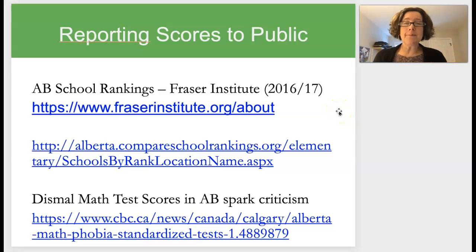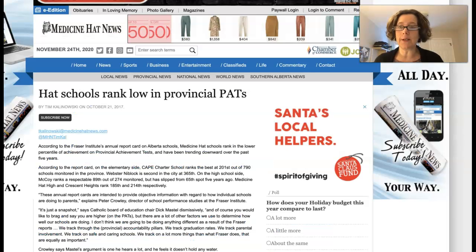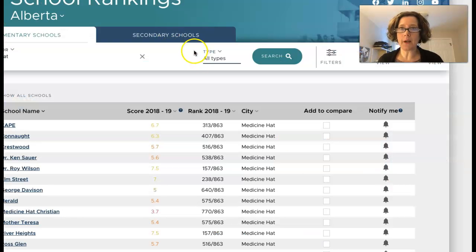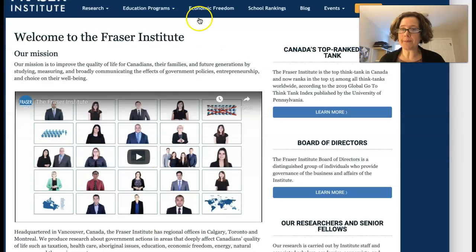Basically, these PAT scores, these provincial achievement test scores, go to the Fraser Institute. And I'm going to just pull up the Fraser Institute. Okay, so this is the Fraser Institute. This is an institute that basically takes a whole bunch of numbers and collates them and then puts them out to the public.